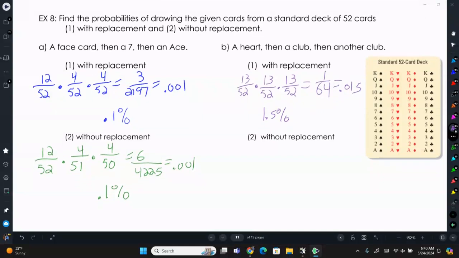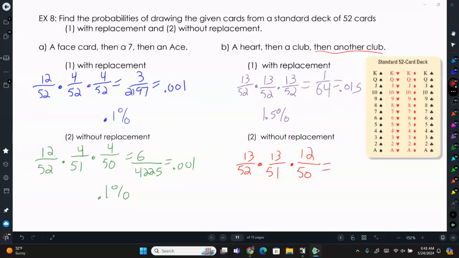Now, the second part gets a little bit tricky. Yes, the first fraction is still 13 over 52 because I'm selecting a heart. Then selecting a club, there are 13 clubs out of now 51 cards because I'm not putting the first card back in. Now, for my third fraction, though, I want the probability of pulling another club. Well, in my second card, I've taken a club out. So there are only 12 clubs left out of 50.